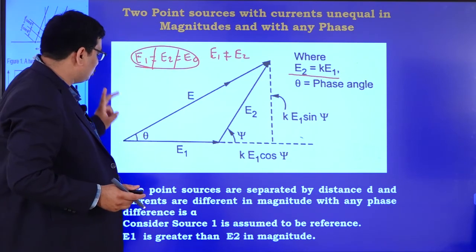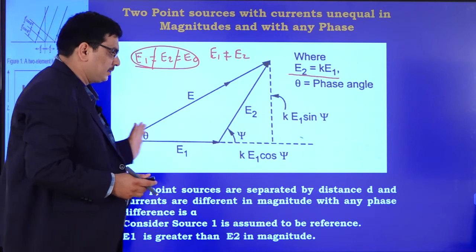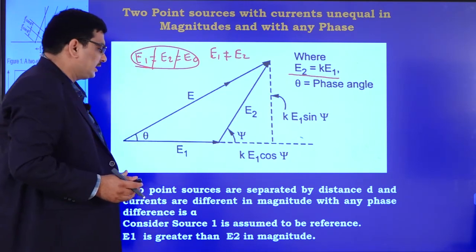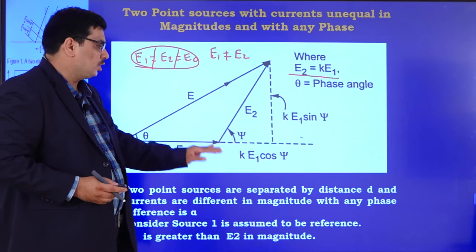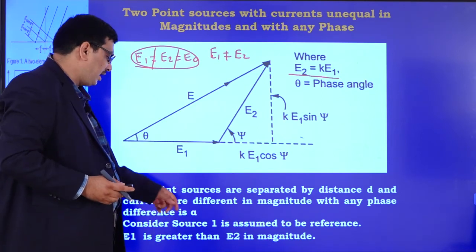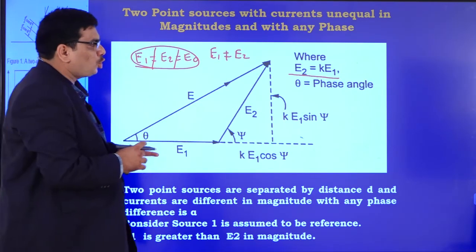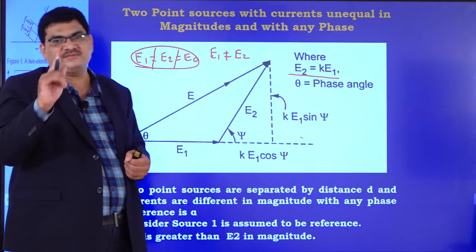So here we are taking two point sources separated by a distance d, and the currents are different in magnitude, with an additional phase alpha. Here we take one reference antenna.